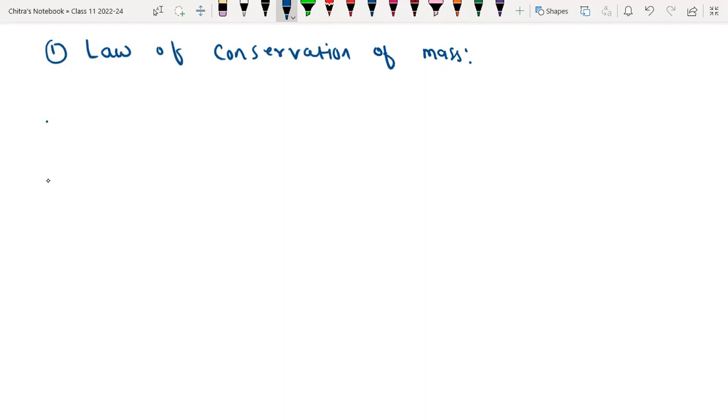The name itself has its definition. Conservation means whatever we have is going to be constant, it is not going to change. And what is not going to change here? The mass.